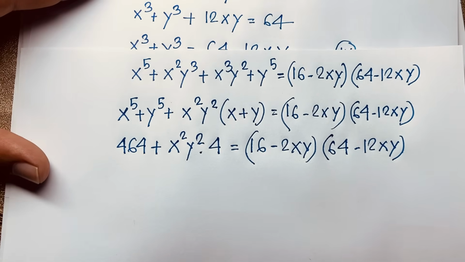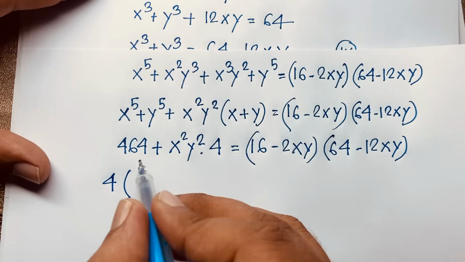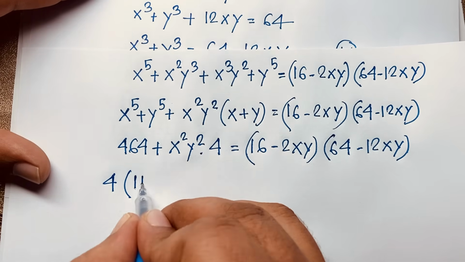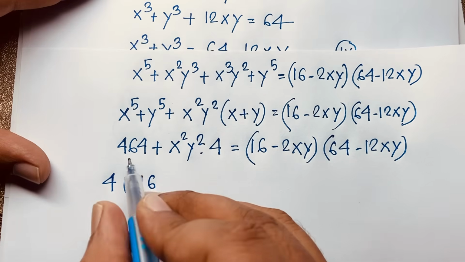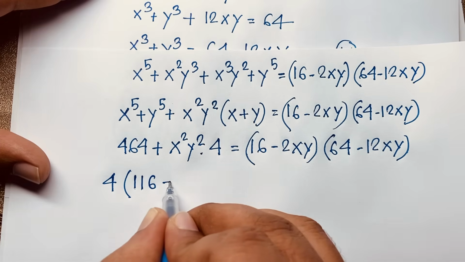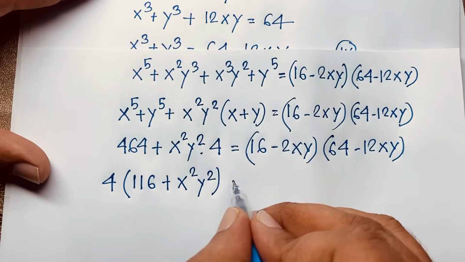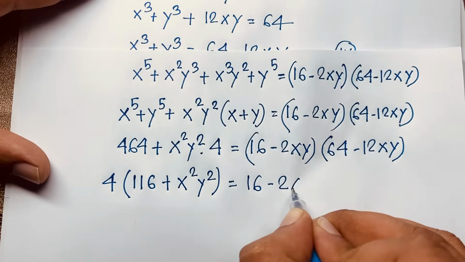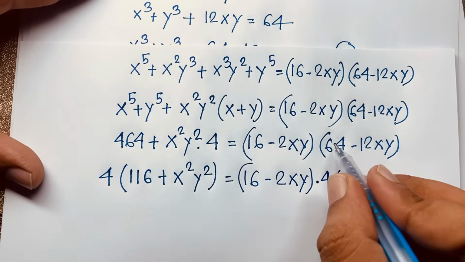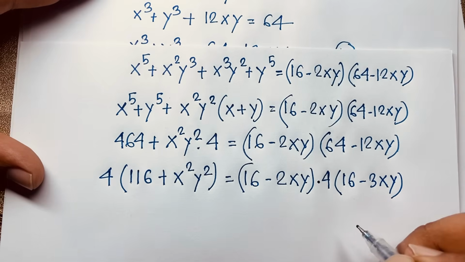Now at this moment you can easily see 4 is common, so if I take 4 common, 4 divided by 4 will be 1, and 464 divided by 4 will be 116, plus x squared plus y squared, and 16 minus 2xy times, and here 4 is common, so 64 divided by 4 is 16, and 12 divided by 4 is 3xy.